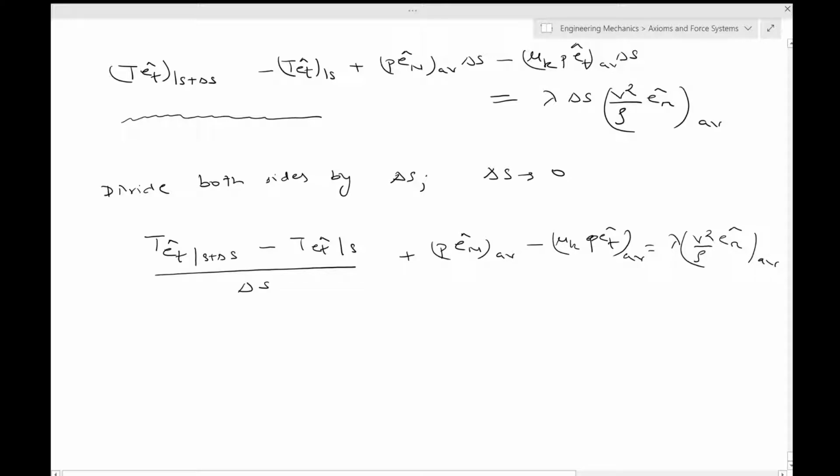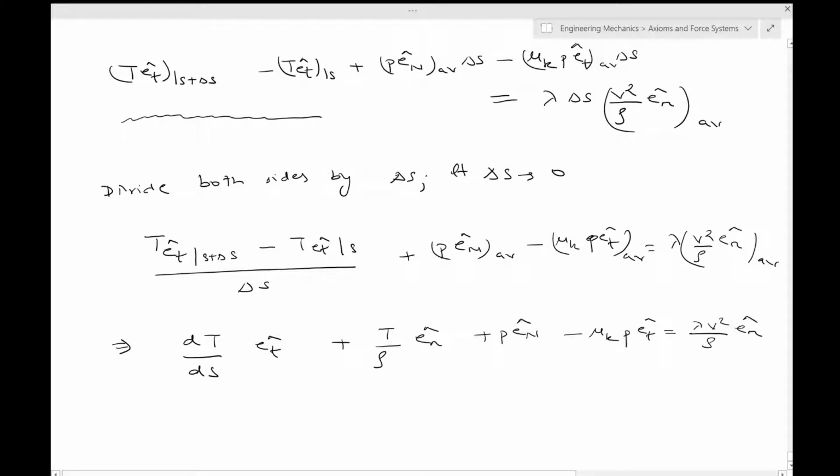Now this particular quantity can be written as dt by ds, if the limit is taken as delta s tending to 0, and it will obviously be in the et direction, plus t by rho e n hat, plus p e n hat, minus mu k p e t hat is equal to lambda v square by rho e n hat.